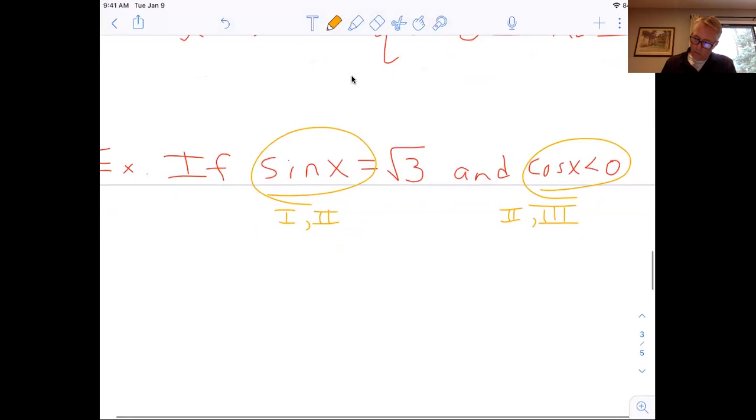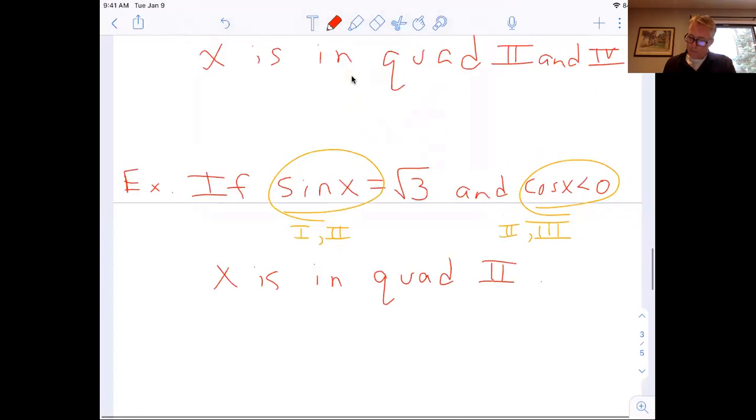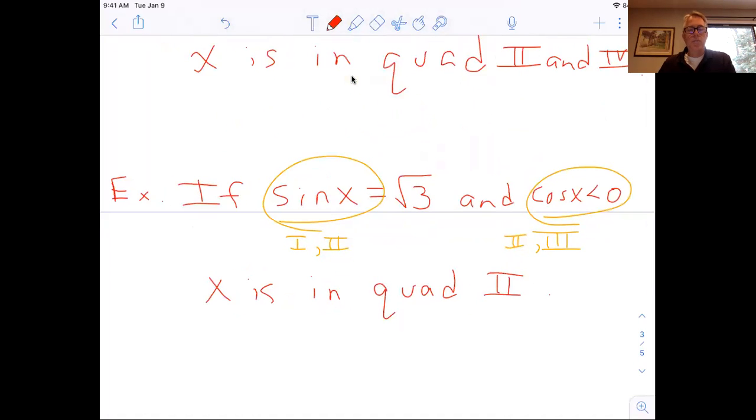So which quadrant satisfies both of them? Then x is in quadrant 2. So if you're given a value, you're simply using that same information to see if that value is positive or negative.